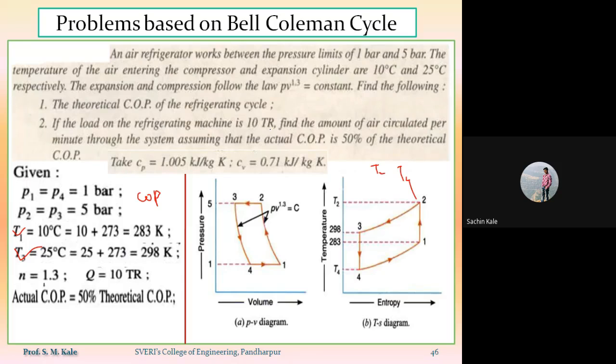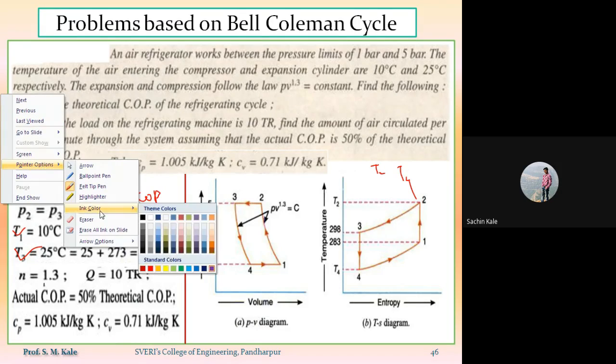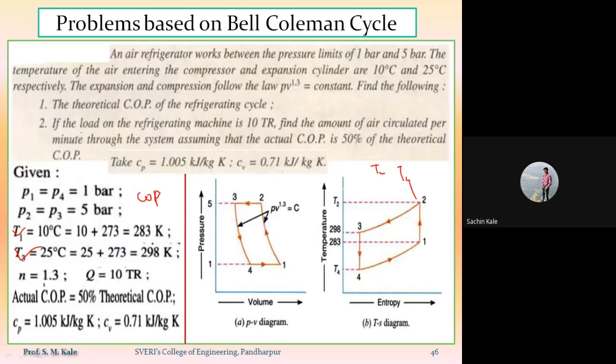Next thing we have to find out, we have to calculate the mass of air circulated per kg. If you read this statement, the load on the refrigerating machine is 10 TR. 10 TR is the load, that is the capacity of the refrigerating machine.